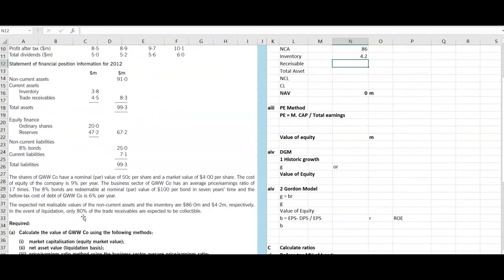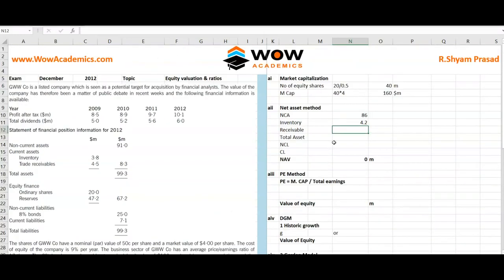In the event of liquidation, only 80% of the trade receivables are expected to be collected. So receivables will be only 80% that can be collected. So we'll work it out. 80% into the receivables amount. The receivables amount comes to 4.5.